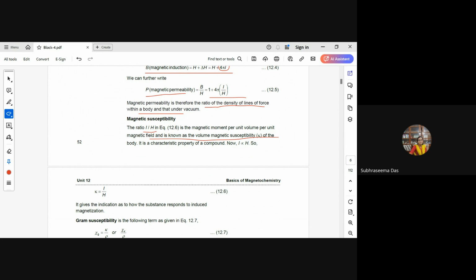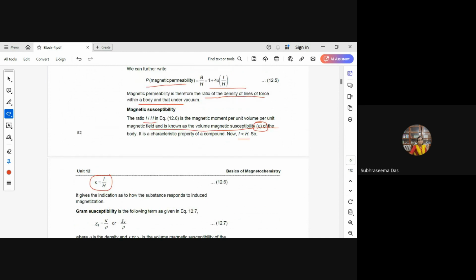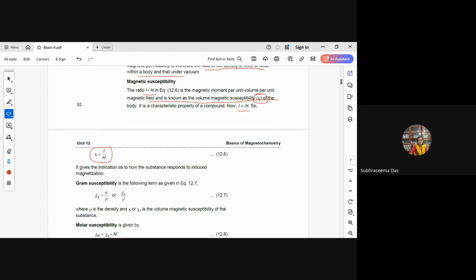Kappa is characteristic of all compounds, and it is different for different compounds. From this we know that I is directly proportional to H. Here kappa is actually given as I by H.